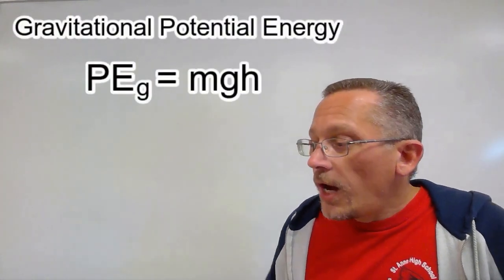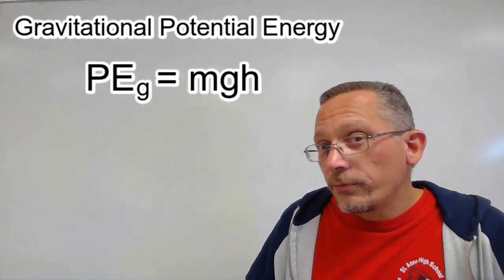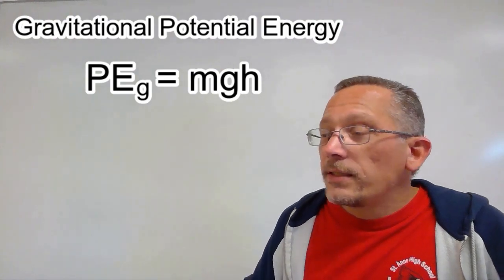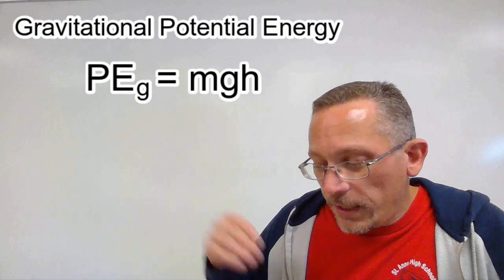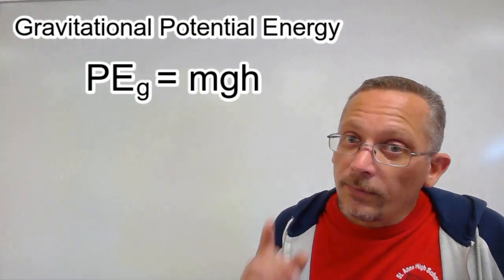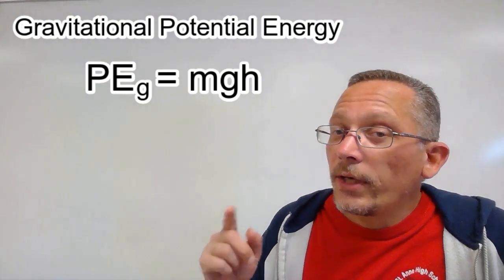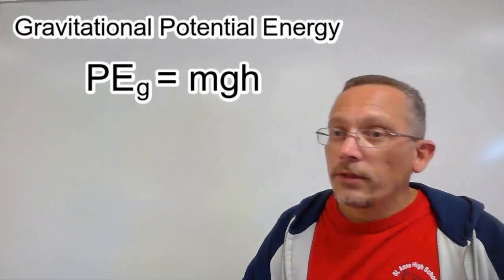The equation for the potential energy due to gravity, often written PE with a subscript G, is PE_g equals mgh: mass times g times the height. If you remember, g is the acceleration from gravity, 9.81 meters per second squared. If you multiply those three terms, you get the potential energy from gravity.